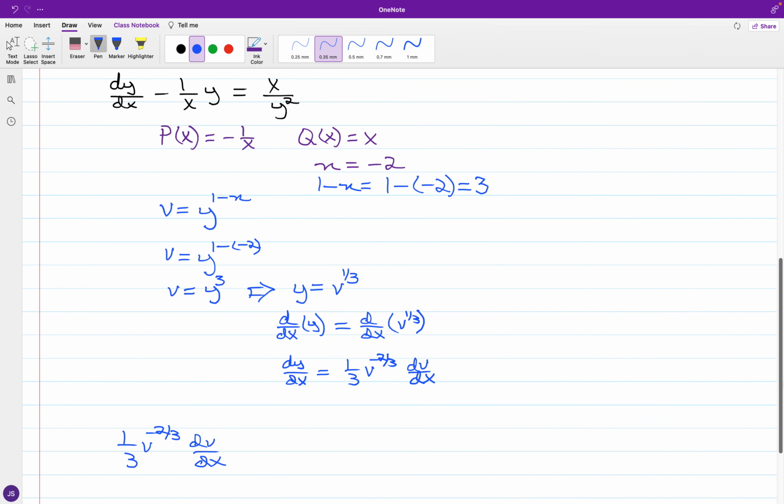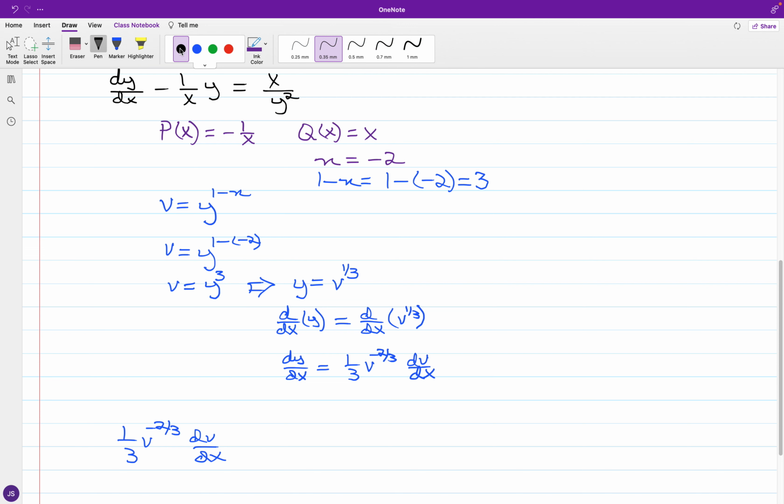And we have minus 1 over x times y, so that is going to be v to the 1/3. And that's going to be equal to x over y squared.